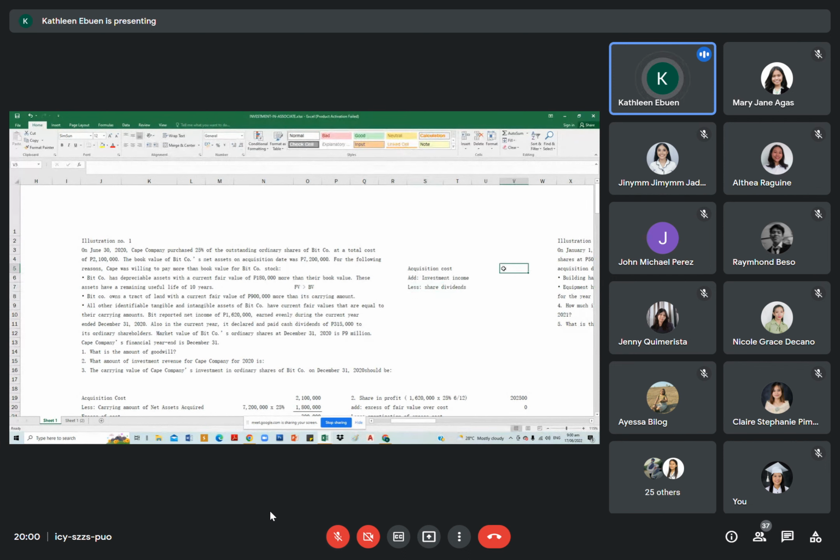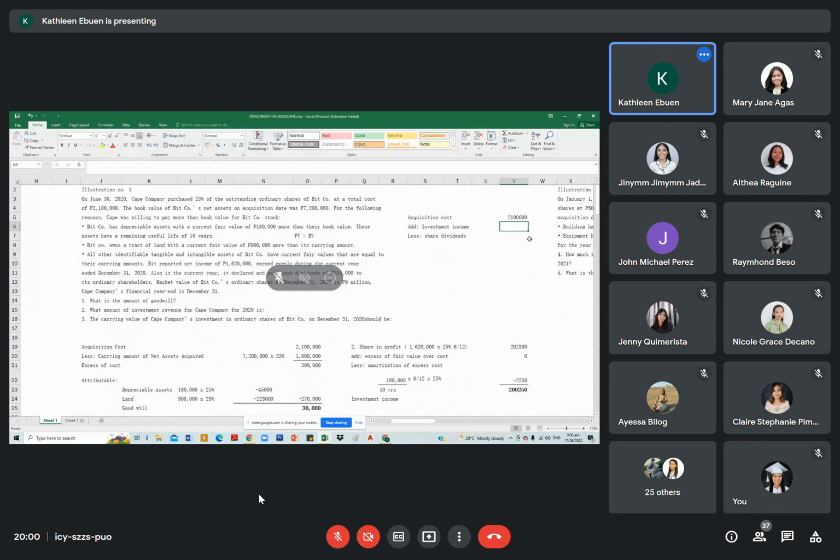Magkano yung acquisition cost? 2.1. Investment income, we have 200,250.